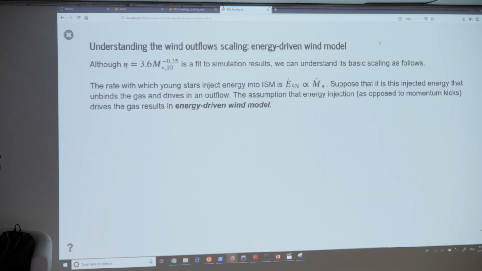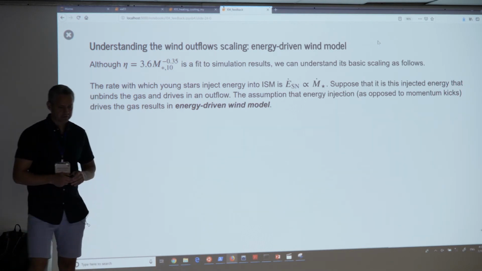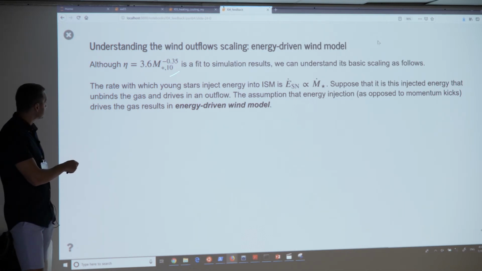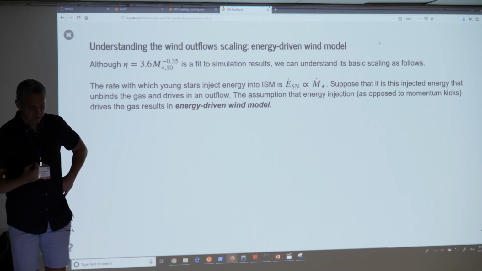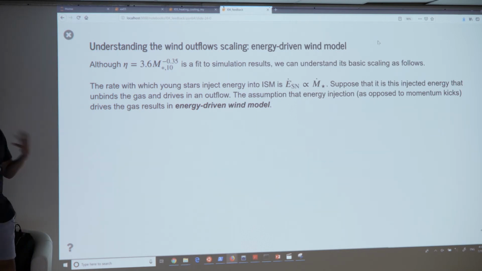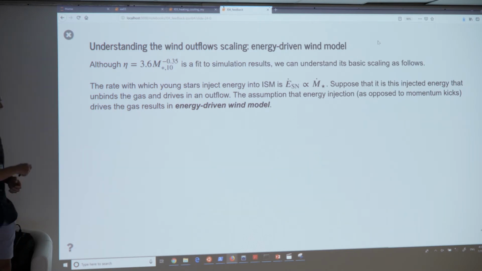But the important thing I want to do before I finish this part is, I presented it to you as a result of numerical simulations, but the question I want to ask and answer is whether we can make sense of it physically. And the answer is, of course, I think yes, because you can do a simple qualitative argument that would predict such scaling.